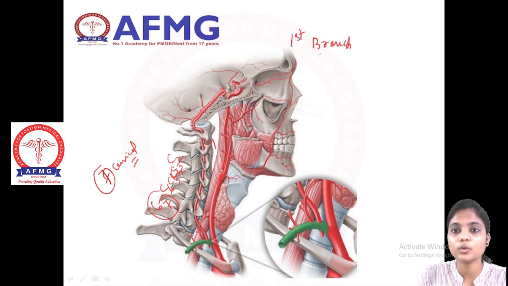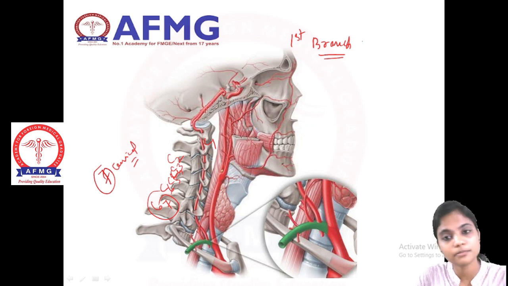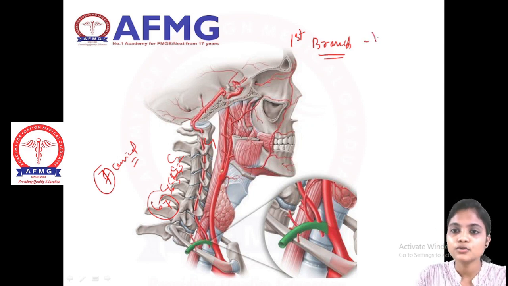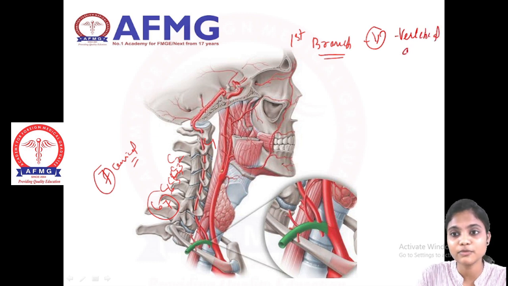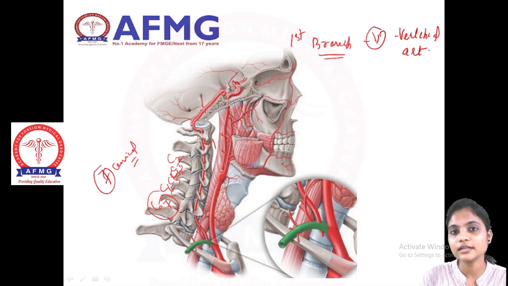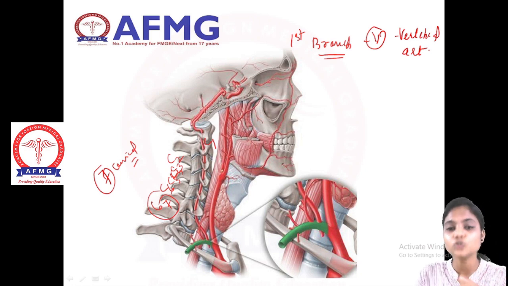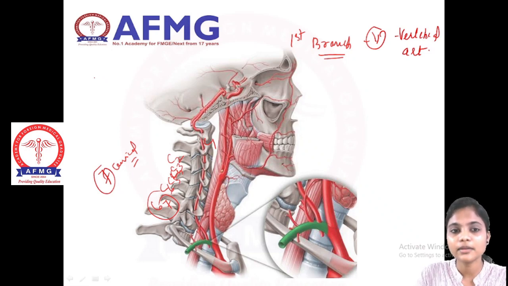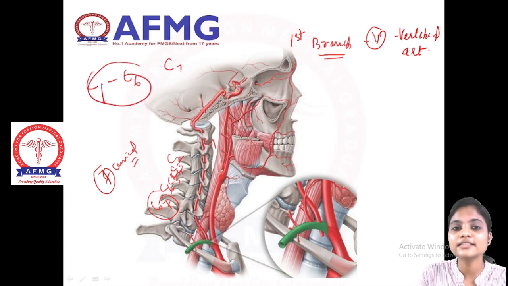They can ask you what is the first branch, second branch, third branch. That is your VIT. So V gives your vertebral artery, which we saw just some time before, right? In this vertebral artery, what you have to understand, and the question which is already asked and repeating so many times, is that this vertebral artery passes in the cervical vertebrae C1 to C6, but not in C7.